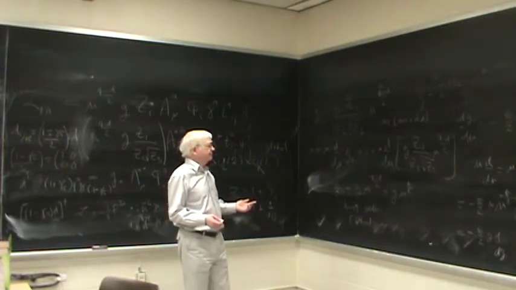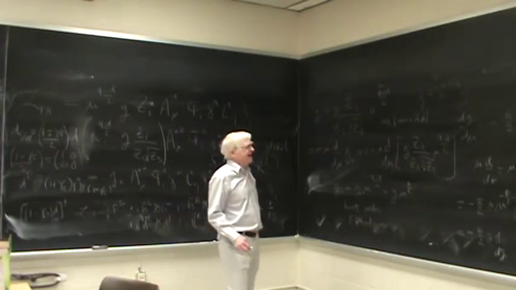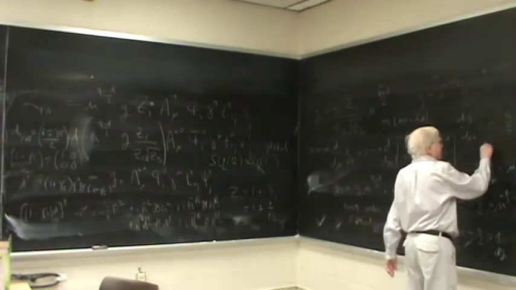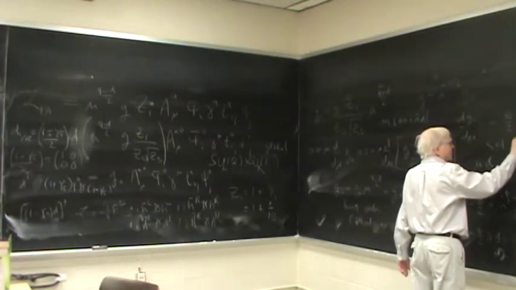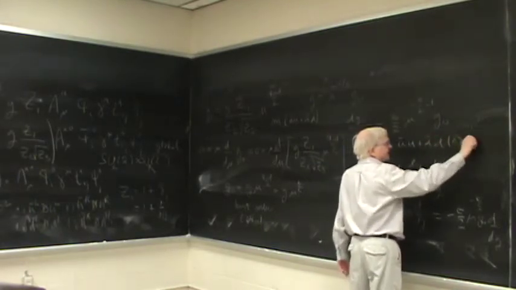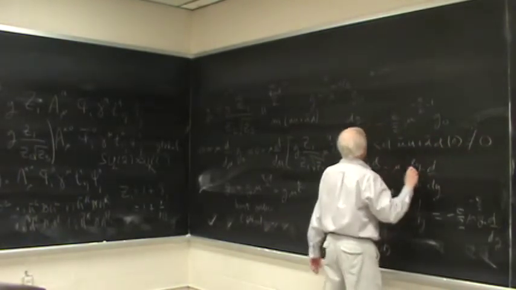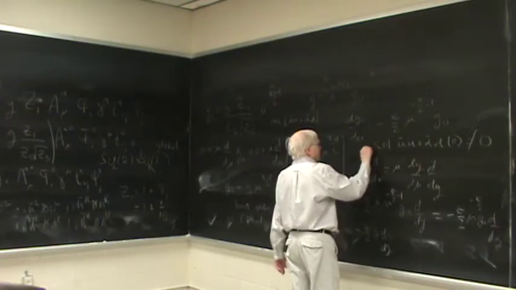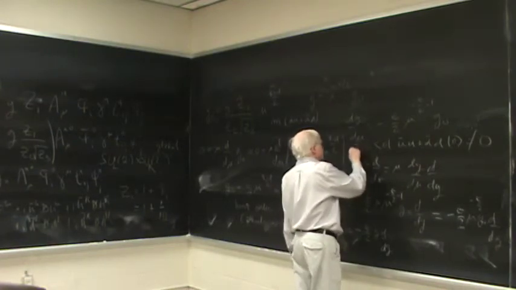But what seems to be the case is that in the ground state of QCD, U bar U plus D bar D is not zero, and in fact, we can set it equal to VQ.